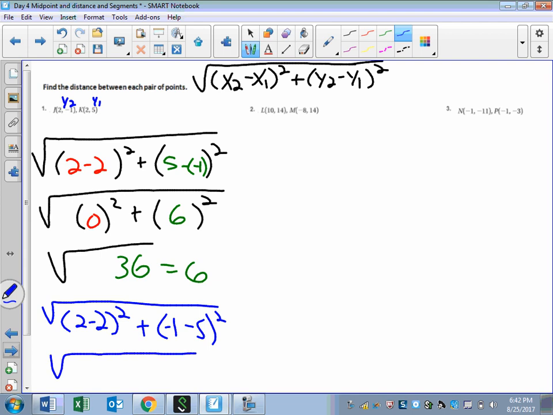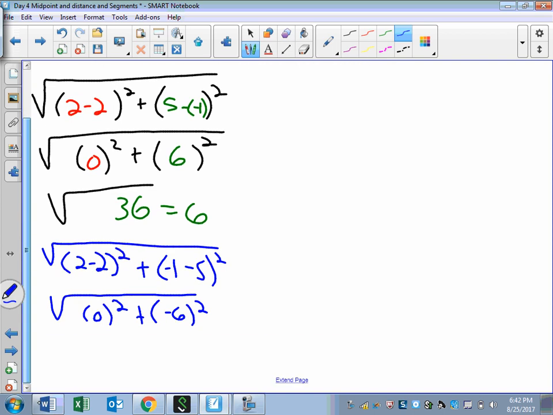So we got 2 minus 2, 0 again. And then we got negative 1 minus 5. That's negative 6 squared, right? And then negative 6 times negative 6 is still positive 36. Distance is always positive, so it doesn't matter which order you write the points in.